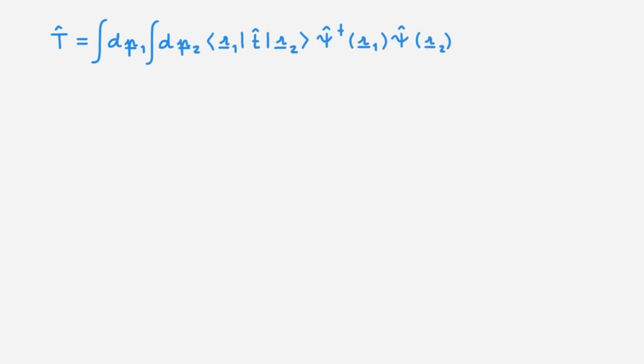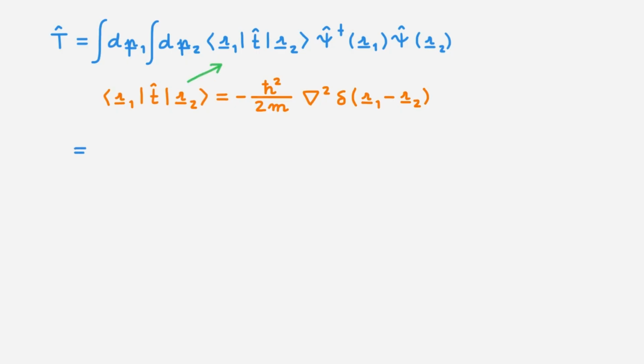We have now established that the matrix element appearing in the operator is given by minus h bar squared over 2m times the Laplacian of this Dirac delta function. Inserting this matrix element into the kinetic energy operator, we end up with this very long expression.